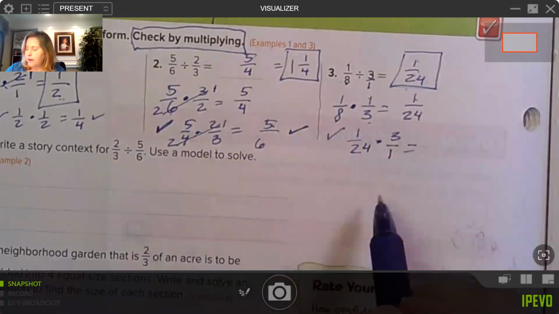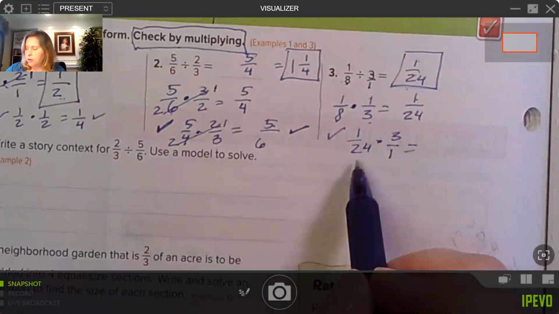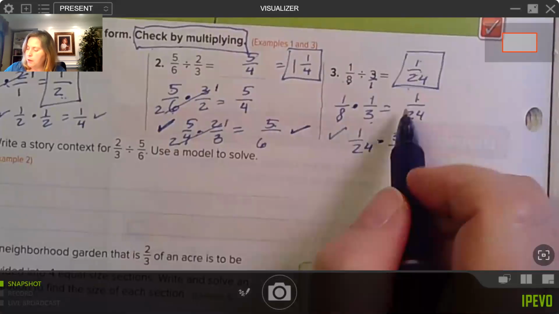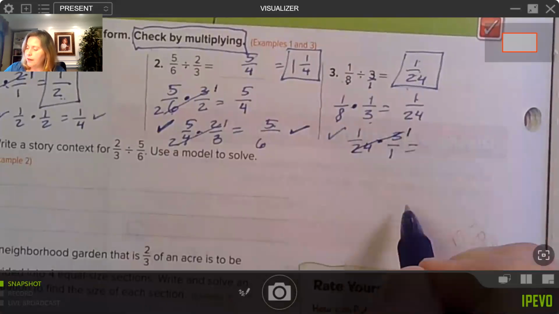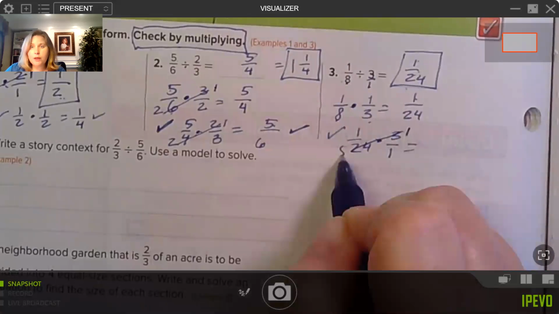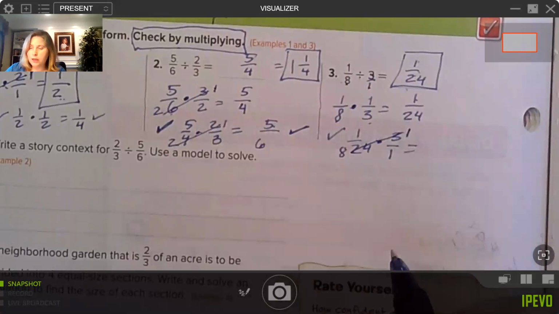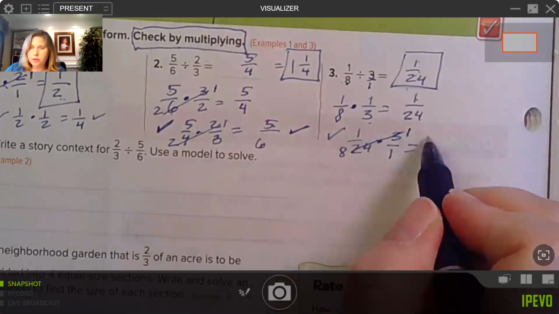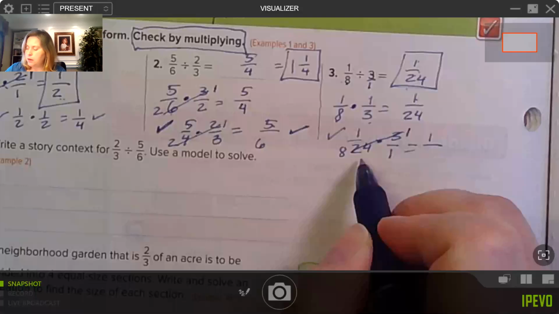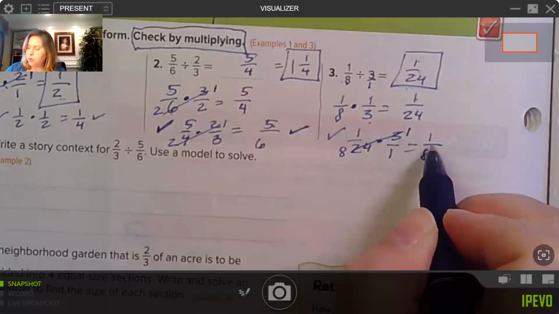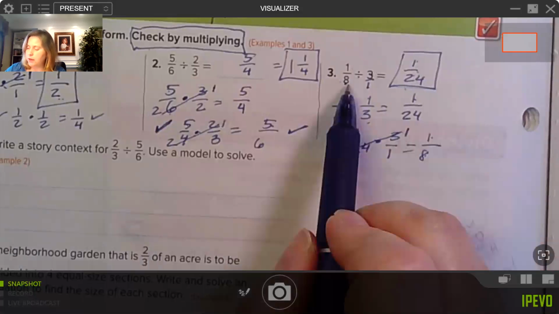And then I want to see if I can cross cancel, and I can. 3 and 24 are both divisible by 3. 3 divided by 3 is 1. 24 divided by 3 is 8. So then I can multiply. Numerator times numerator is 1. Denominator times denominator is 8. So we get 1/8, which is what we started with. So that does check out.